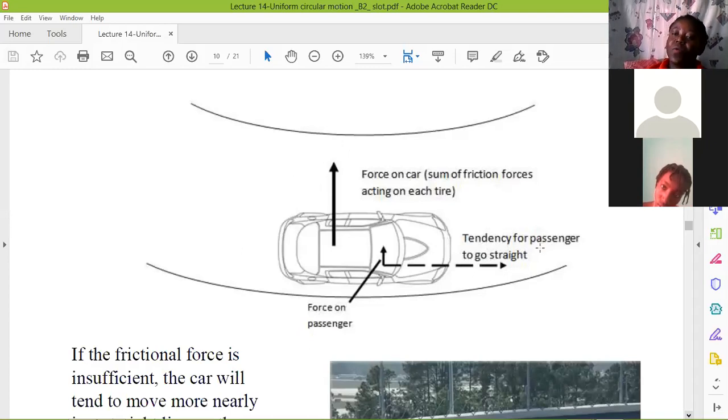So as you are inside there, you feel you are going straight, but the car is actually moving in a circle with a force directed towards the center.